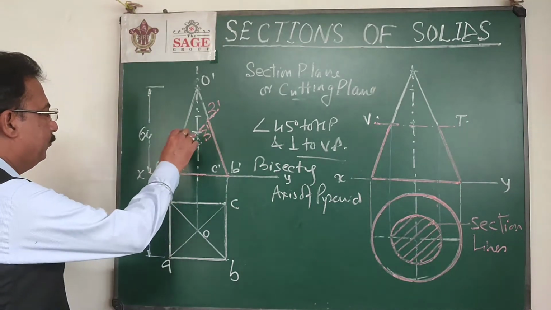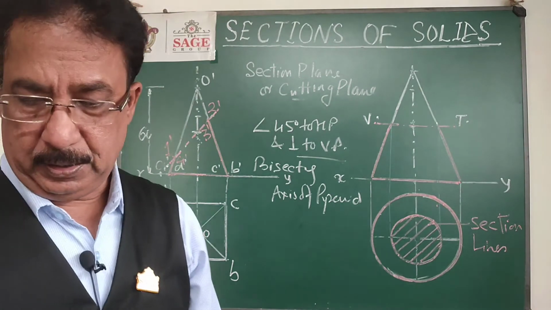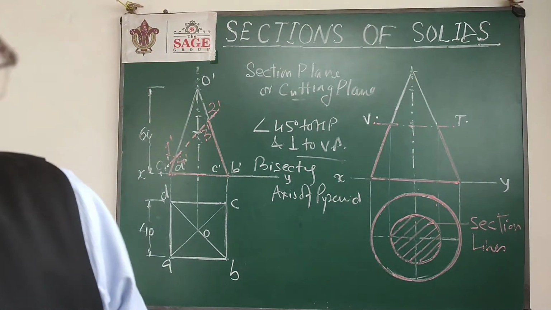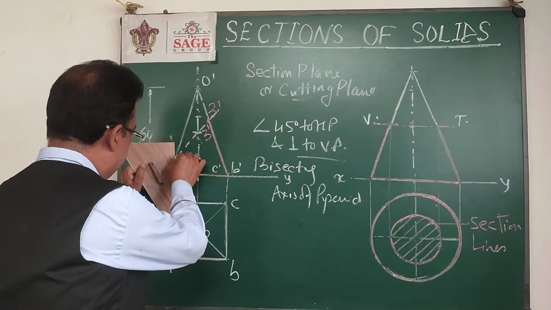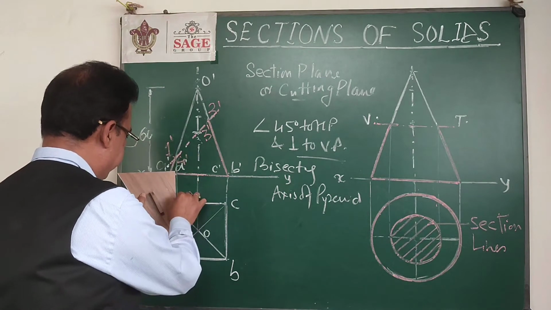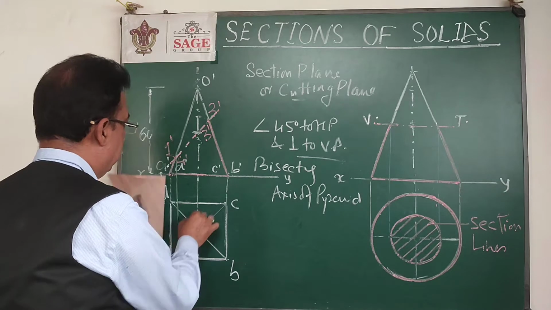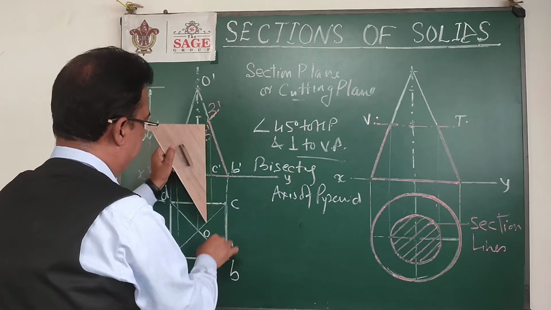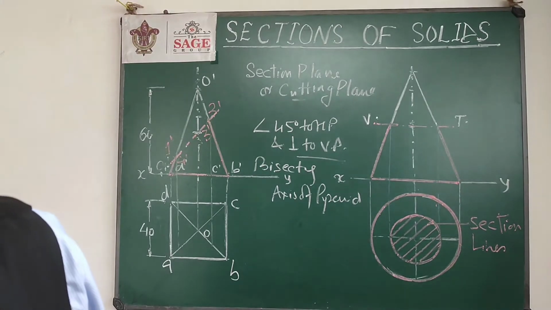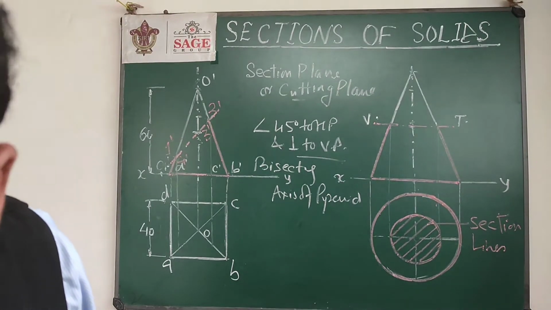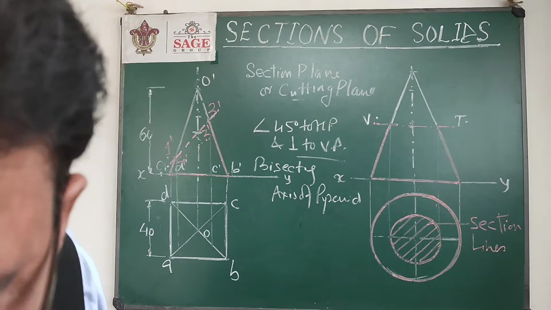So I get these 4 points, and all 4 edges of the pyramid are cut by this section plane. Now if I shift these points to the top view by coming perpendicularly downward, we can get the points in the top view, and the points are like this.